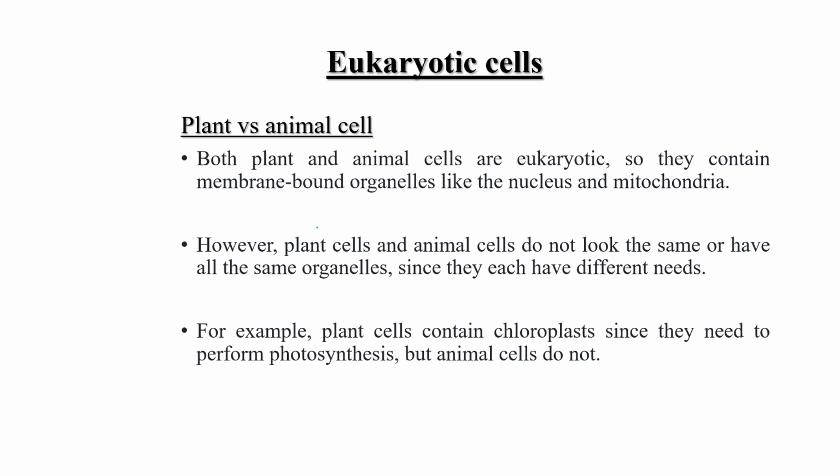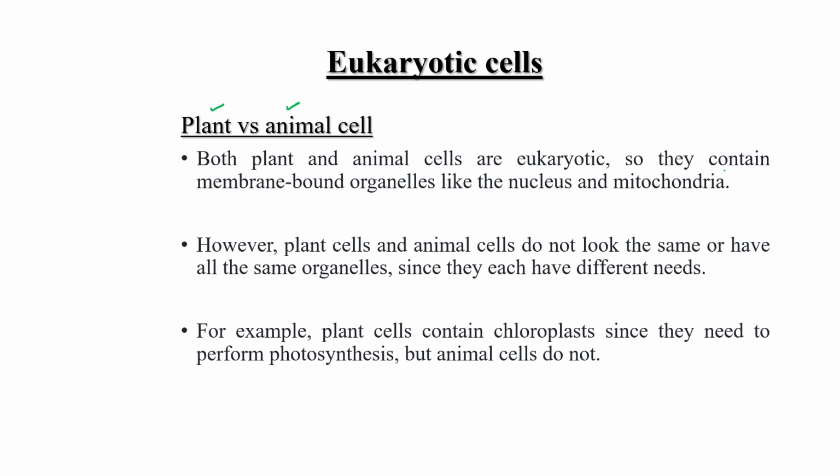Now, we can classify eukaryotic cells into two different types, plant cell and animal cell. Both types of cells come under the same category, eukaryotic cell, right? So both plant and animal cells are eukaryotes.